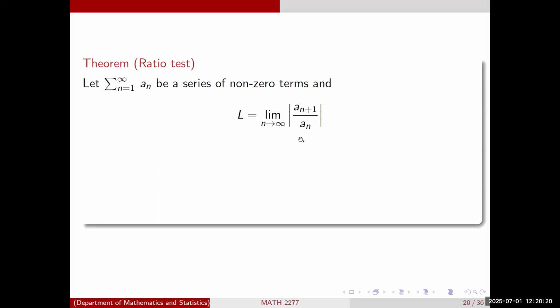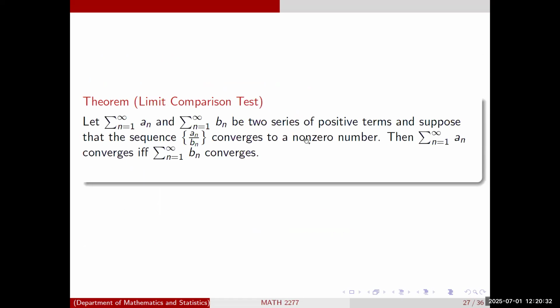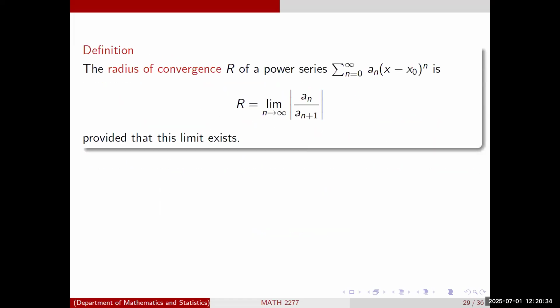For the radius of convergence, it's the same thing, but it's a_n on top and a_(n+1) below. So please don't mix that up, otherwise you'll get 1 over the answer you should get.